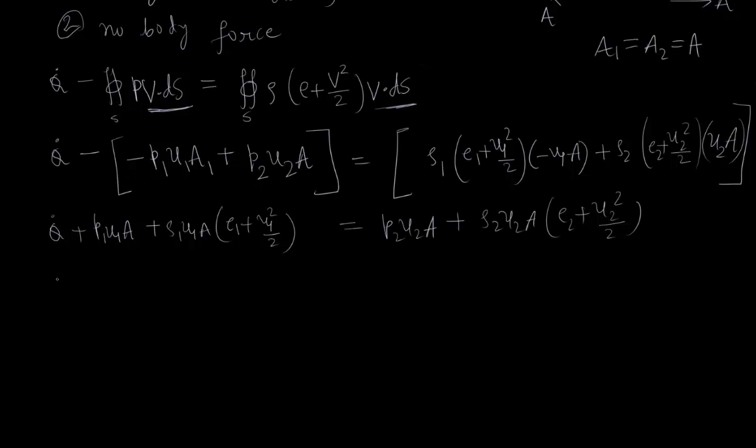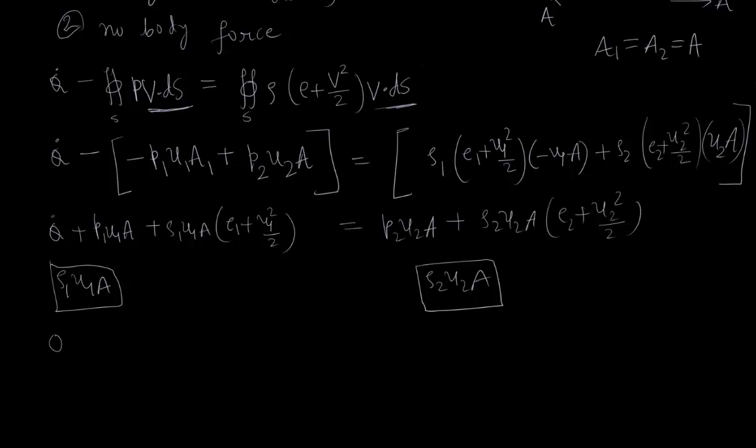Now on the left side we will divide by rho 1 U1 A, and on the right side of the equation we will divide by rho 2 U2 A. We know that rho 1 U1 A and rho 2 U2 A are equal from the continuity equation.